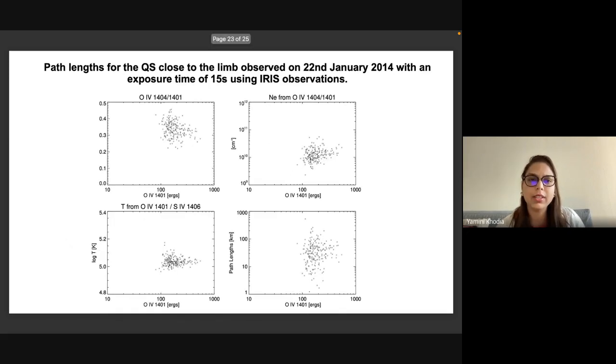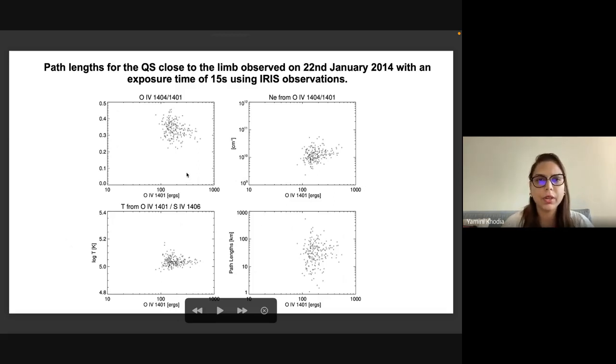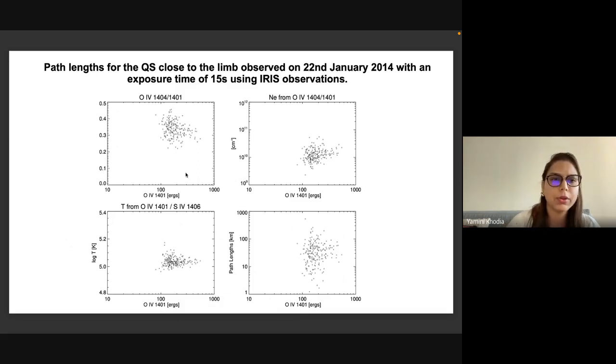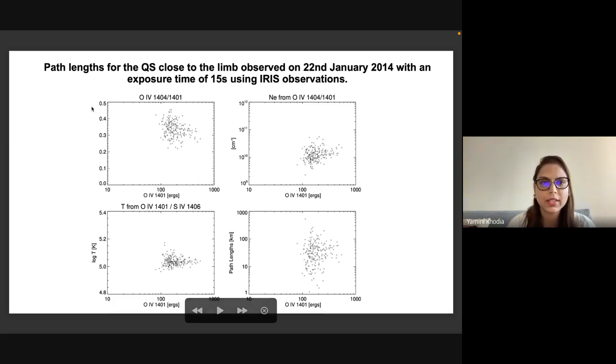We conducted similar diagnostics for the limb observations as well. For these limb observations, the ratios lie somewhere from 0.2 to 0.5, and we have far fewer points as compared to the disk data set, because the data becomes quite noisy for the limb region.